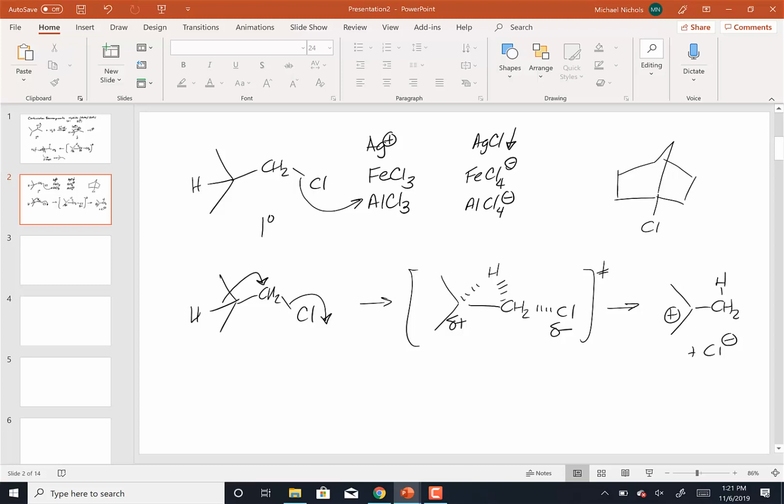What happened was one of the hydrogens over here shifted over, or the methyl group shifted over, so that the carbocation ended up over on one of these two carbons and never on that. That's basically called Bredt's rule, that you can never have a carbocation on a bridgehead because it can never become flat.